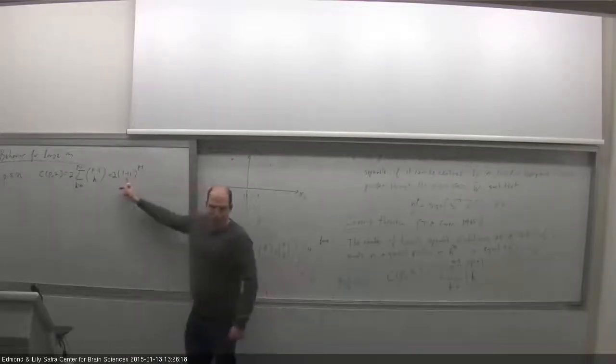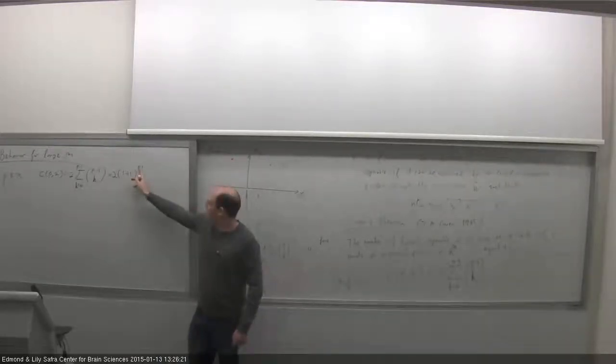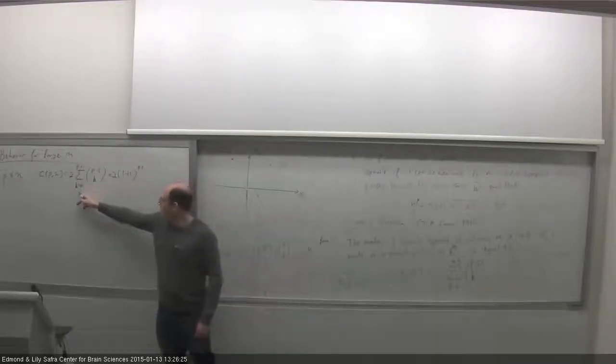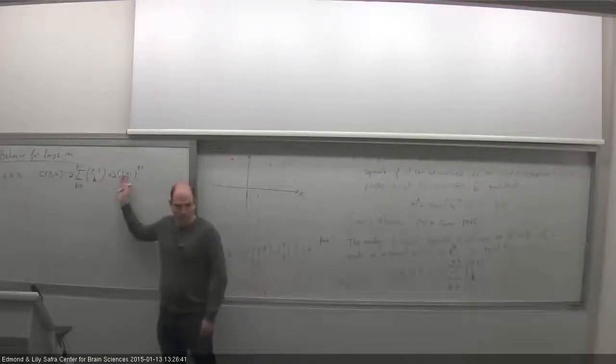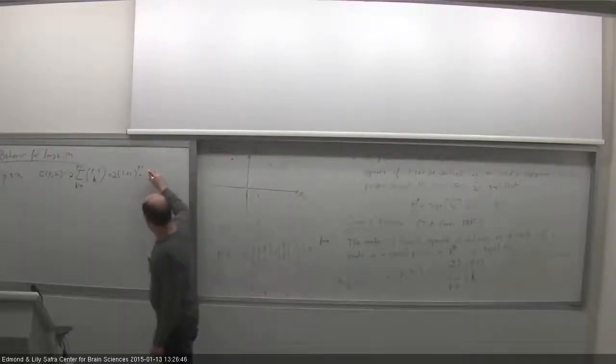If I write the binomial expansion for this thing, I get a sum over all possible powers going from 0 to p minus 1. This coefficient tells me how many ways I can choose this term, and then this is 1 to some power and another 1 to the same power. So the ones don't matter in this case, right? And this is equal to this. So I'm getting 2 times 2 to the power p minus 1, and this is 2 to the p.